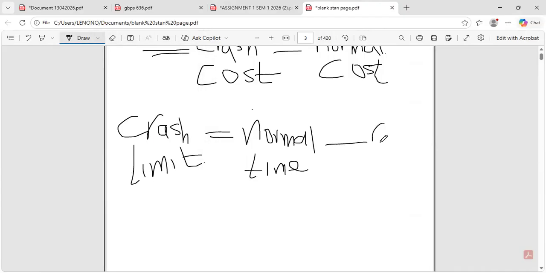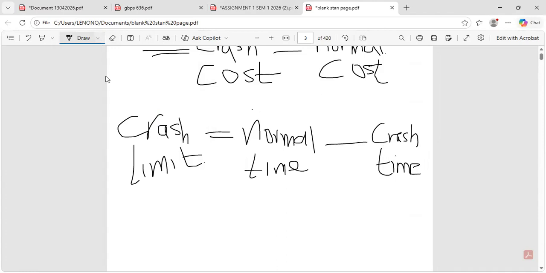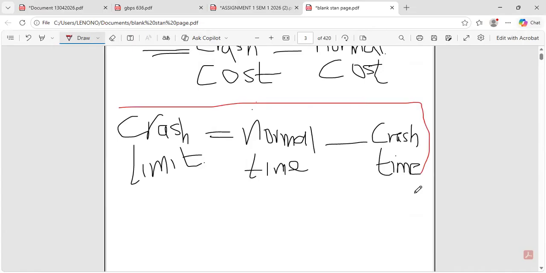Normal time minus the crash time. So this is on the aspect of the crash limit.